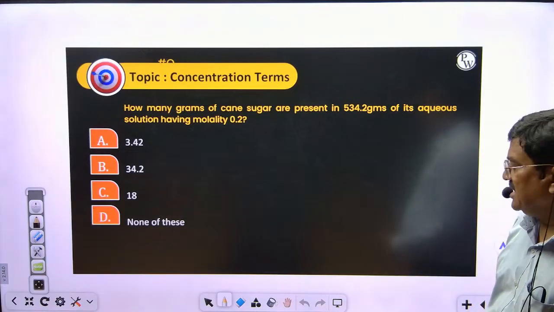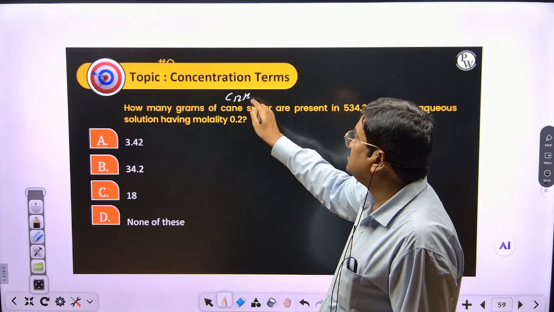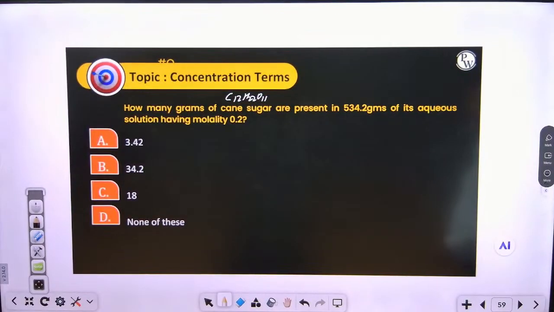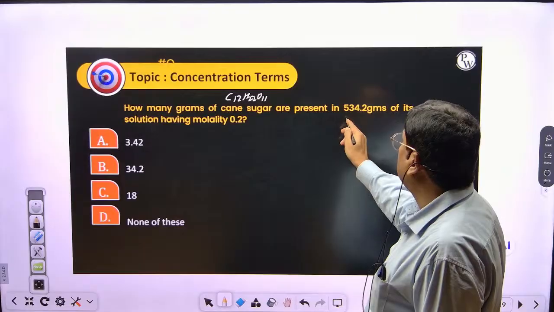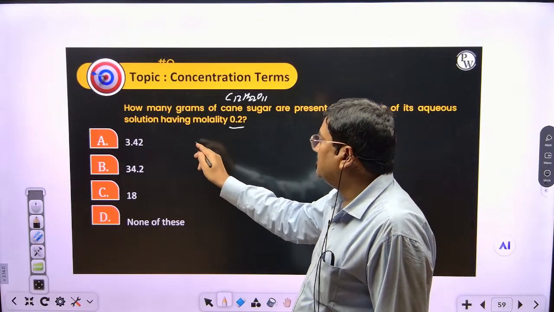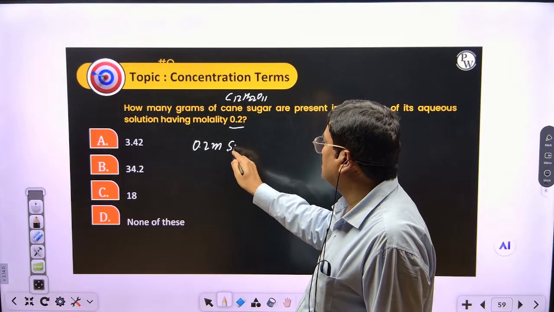What is the formula of cane sugar? Cane sugar is sucrose, student. C12H22O11. Question understood. How much cane sugar should be present in 534.2 grams of its aqueous solution having molality 0.2? First tell me what is meant by 0.2 molal sucrose.